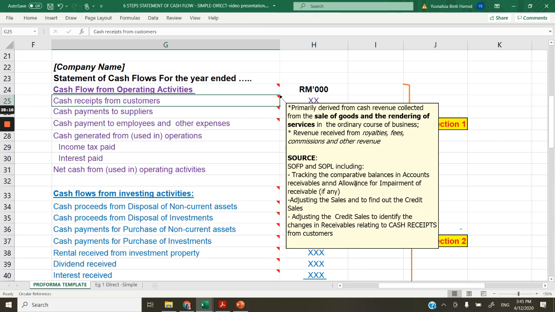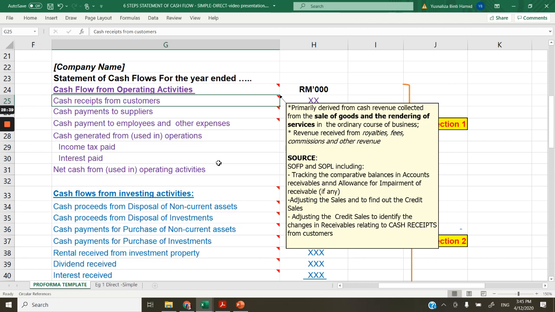So you need to go and track the comparative balances from the prior year given and the balances for the current year, because when you prepare a cash flow statement, you are normally given a comparative statement of financial position. You need to adjust the sales to find out the credit sales.